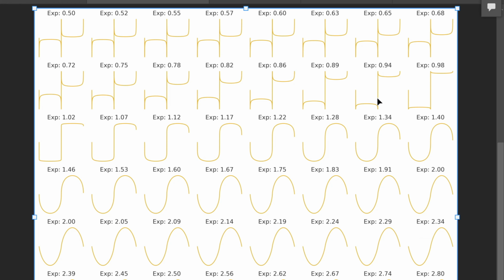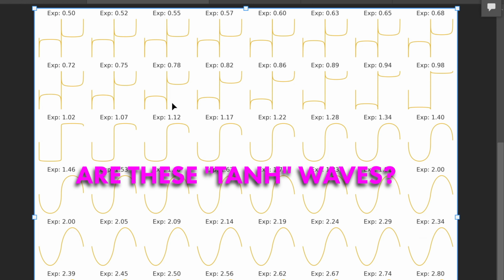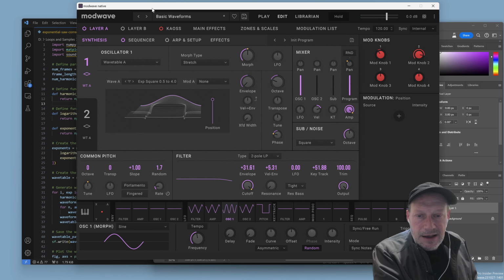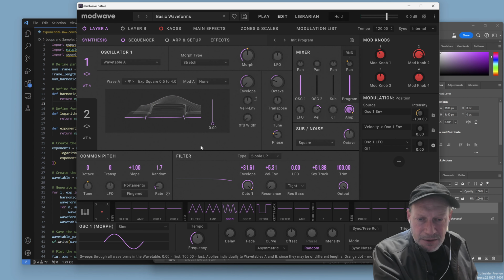As we decrease that exponent, we're getting these waveforms that almost look like some sort of modern architecture, with these pointy points. And those sound like this.